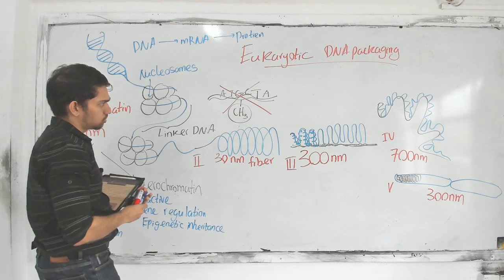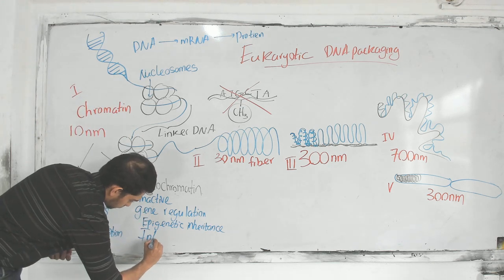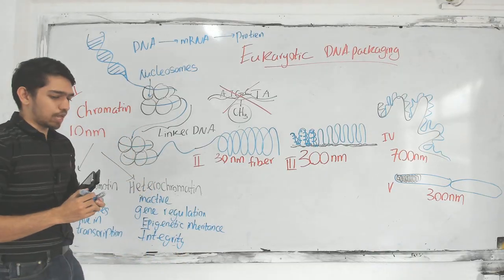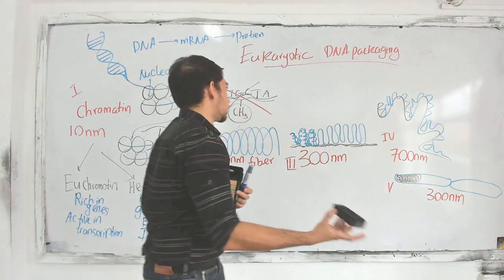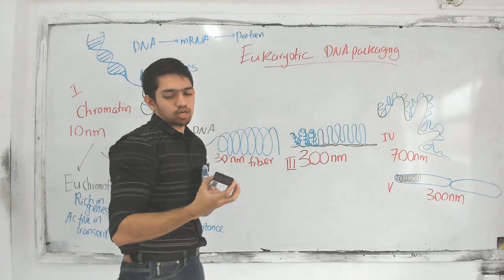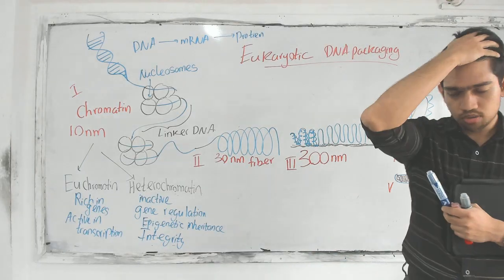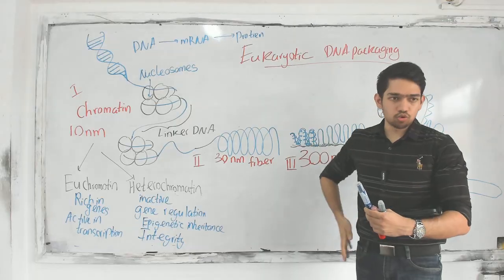And finally, there is something called chromosomal integrity. Integrity means it is related to stability, that they are less likely to change very frequently. Heterochromatin, because it's very tightly packed, doesn't allow DNA to change. Chromosomal integrity. So those are the features of euchromatin and heterochromatin.